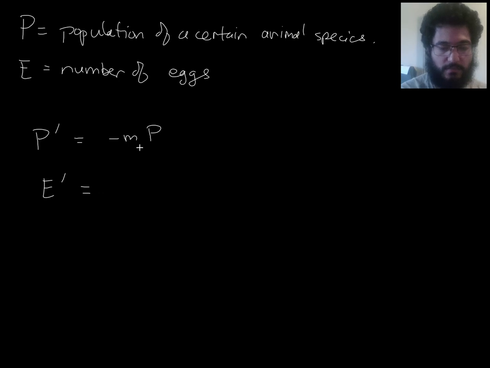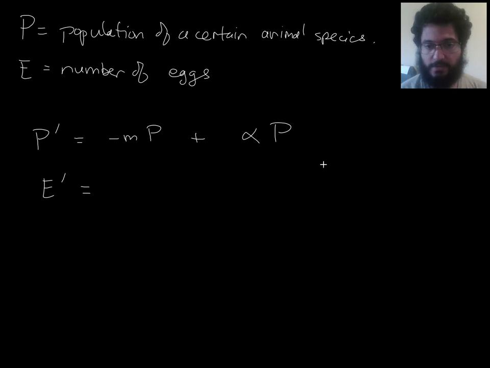And if this were not an egg-laying species, then maybe I would just add another parameter like alpha P, and say alpha is their birth rate. And then it would actually just be one of these plain old unconstrained population growth differential equations. If their birth rate is bigger than their death rate, the population explodes.